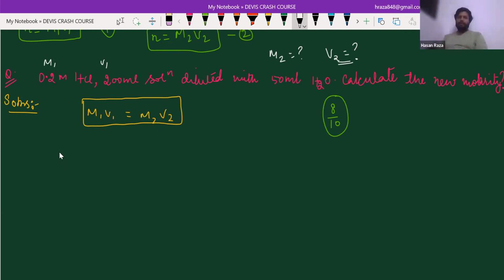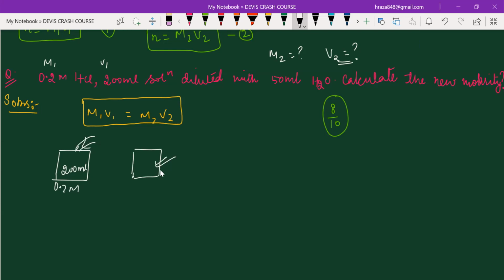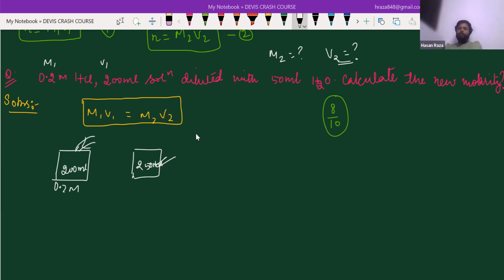There is a container which has a volume of 200 ml and molarity 0.2, and you are going to dilute it. Then in this container, what is the volume of the solution? Yes, it's 250 ml. Generally students make mistakes here, so it's normal. So the volume will be 250, right?